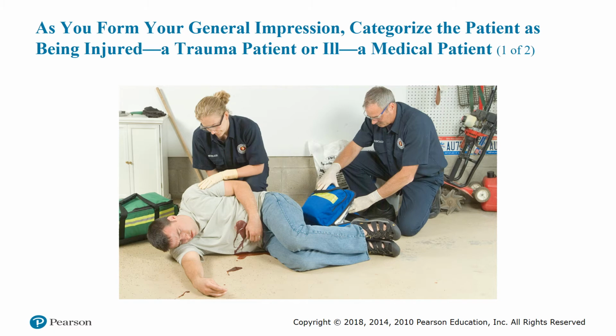Categorize this patient as being injured, a trauma patient, or a medical patient. Quite frankly, paramedics being an argumentative bunch, I could line up five of them and we'd all get a different idea about this, and we'd what-if it to death. But just looking at it on its face, I see blood.